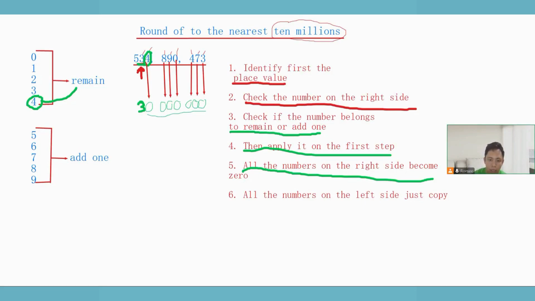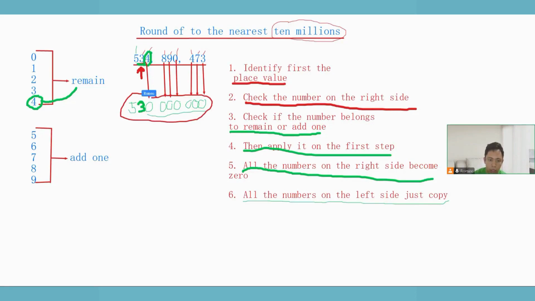The sixth step is that all the numbers on the left side we will just copy. The number on the left side of 3 is 5, so we just copy the 5. Now this is our final answer.